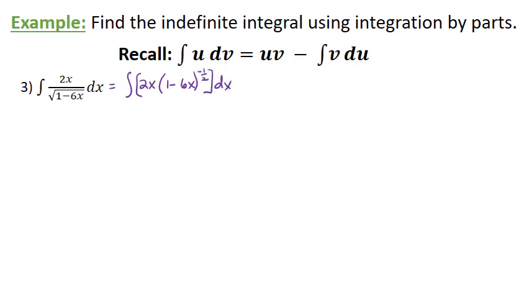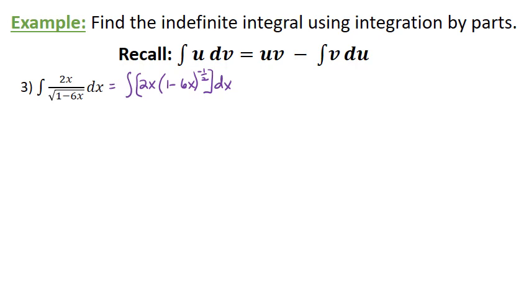And so this is what we want to integrate. So looking at this, I have to decide what dv should be and what u should be. In this case here, we will want dv to be the more complicated part. We do want it to be this portion here.